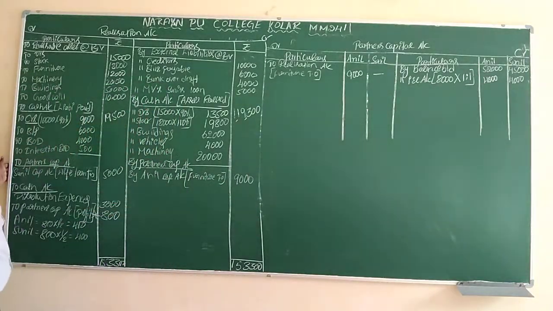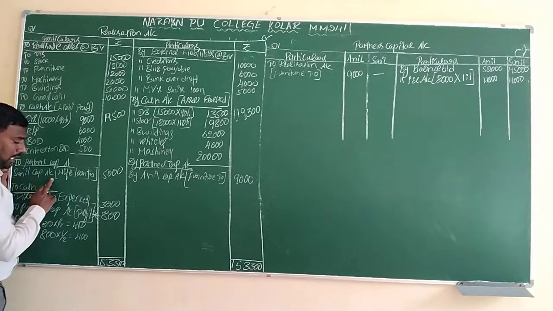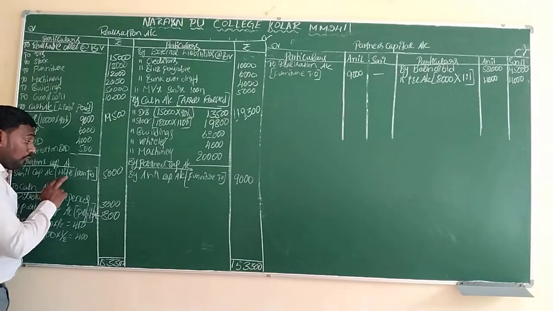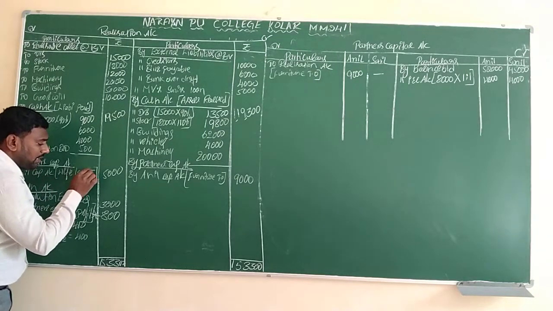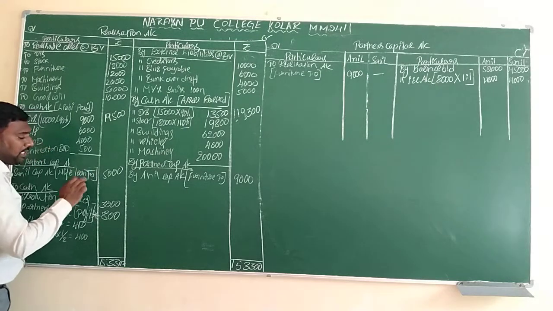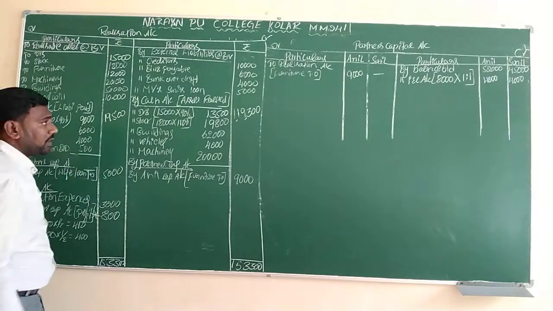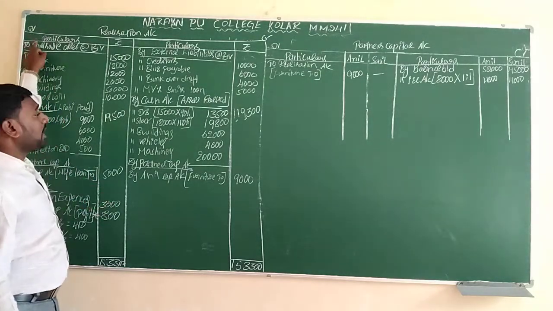Next, on the realization account debit side we also use the term under step number 6, to partners' capital account. Here we mention Sunil's capital account. What is this value? Wife's loan taken over. The loan given by Sunil's wife to the company will be taken over. The value is 5,000. Which side do we write? Debit side.